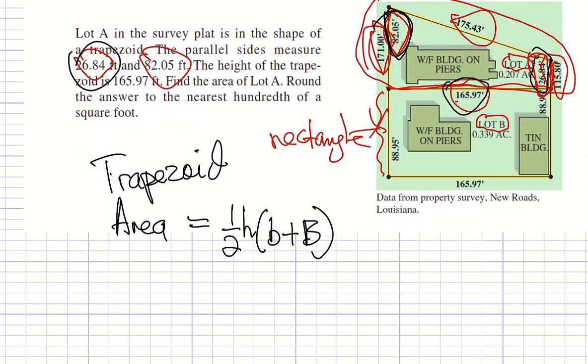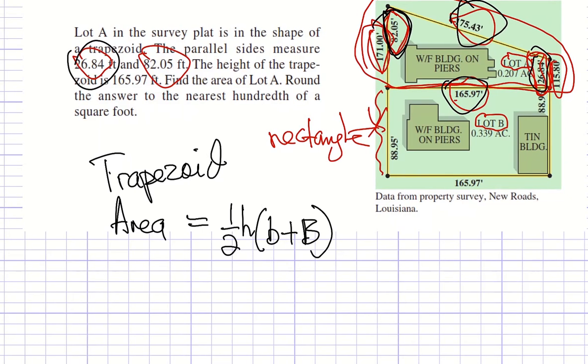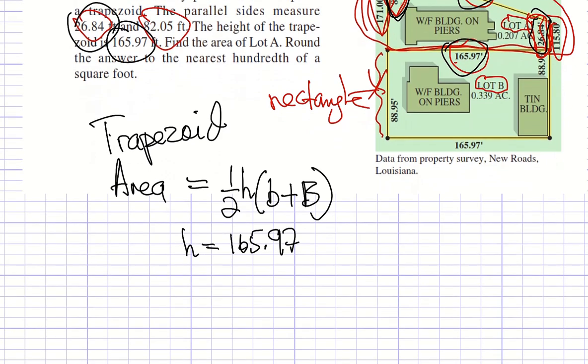So forget about this thing, it plays no part in solving the problem. You just have to use what you're required to use to solve the problem. So here's what we'll have from the problem: h is equal to 165.97 feet. Don't worry about the units.